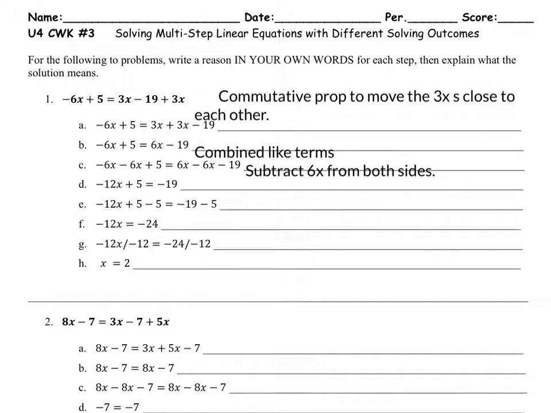And this moves the x's to one side of the equal sign. And that's now simplified again. And then the next step, it appears that they subtracted 5 from both sides.